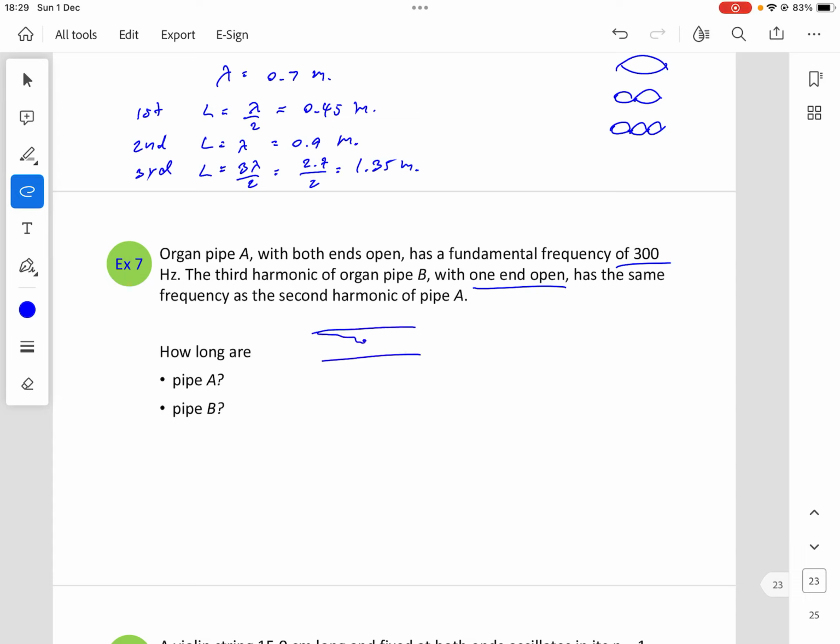This is the first harmonic of pipe A. F1 equal to 300 Hz.